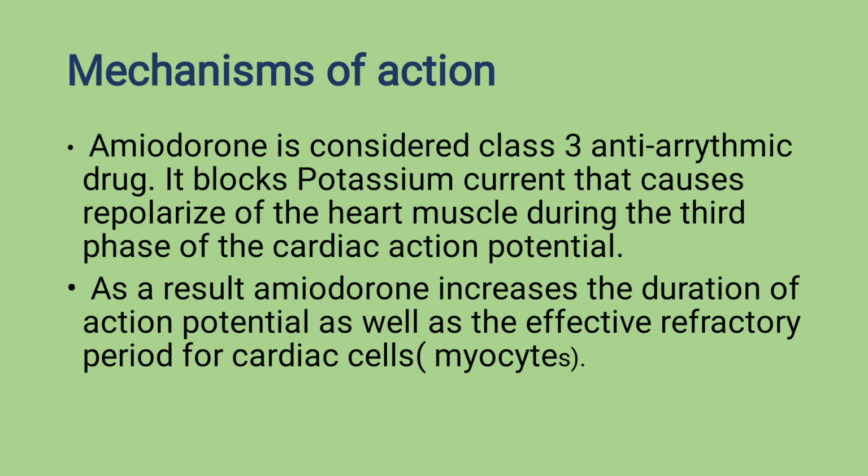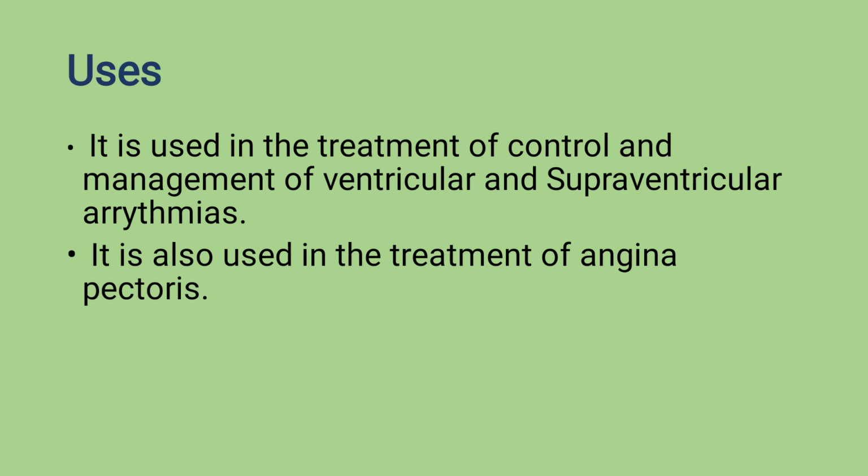As a result, amiodarone increases the duration of the action potential as well as the effective refractory period for cardiac cells, that is, myocytes. Uses: it is used in the control and management of ventricular and supraventricular arrhythmias. It is also used in the treatment of angina pectoris.